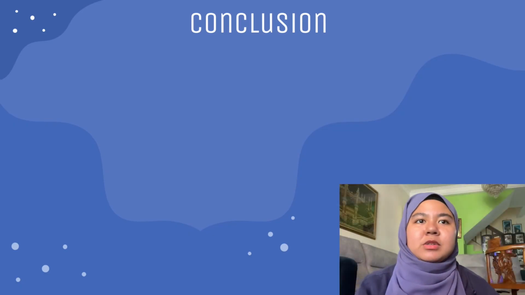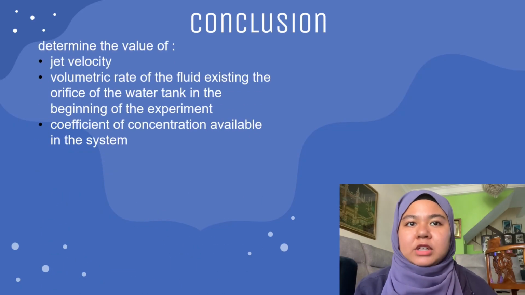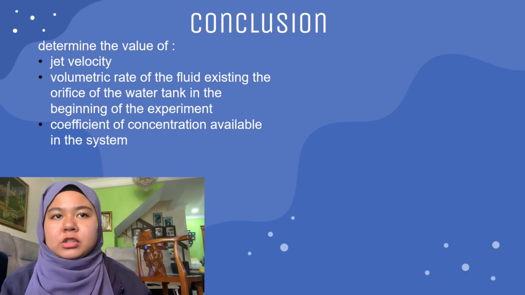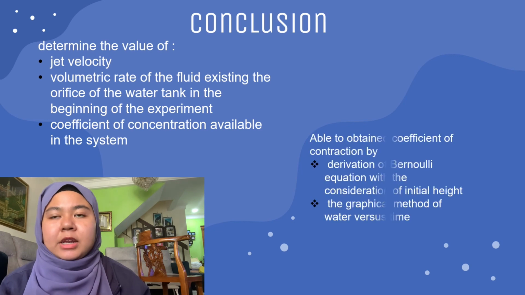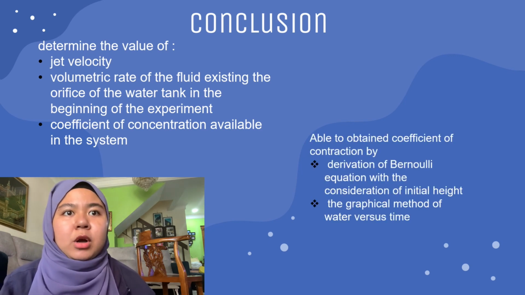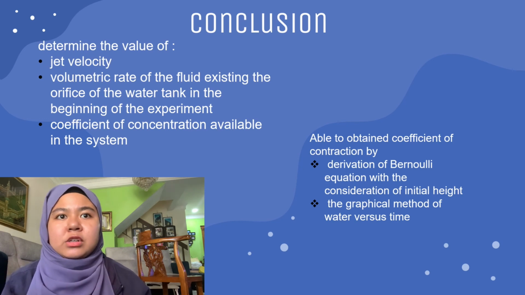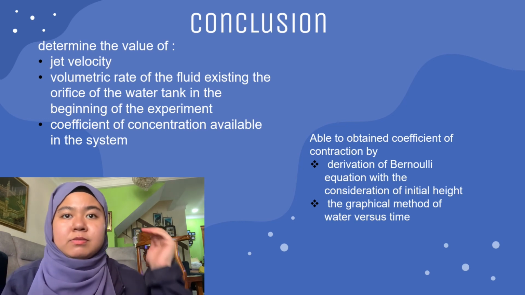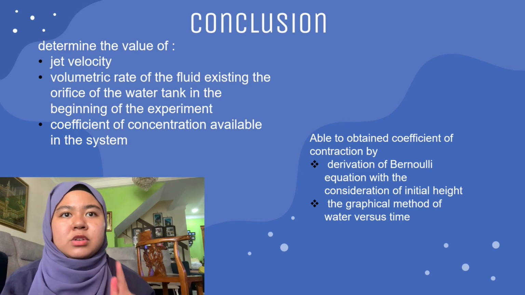The experiment was conducted in order to determine the value of jet velocity, the volumetric flow rate of fluid, and also to find the value of the coefficient of contraction in the system in accordance with the result graph. Through calculation, the value of the coefficient of contraction was obtained, which is 0.01628.